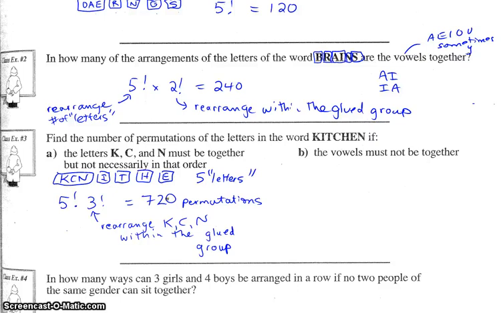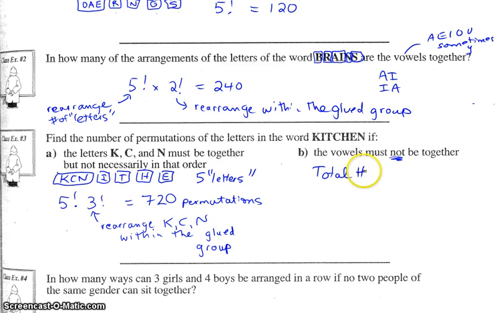Okay, a little bit trickier here. The vowels must not be together. Okay, that word not kind of messes this question up, I tell you. Okay, you could go forever trying to figure out how many ways to do that. Or one of the ways I find works quite well is if you take the complement event of this, which is really what isn't what they're asking for, and you subtract it from the total.